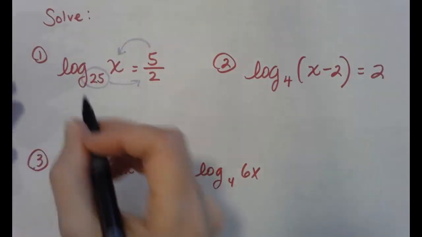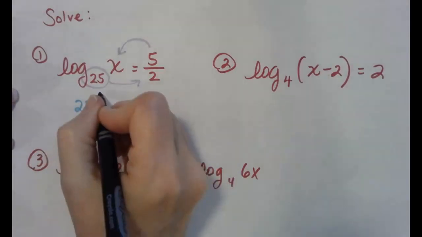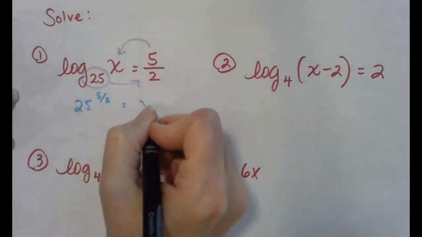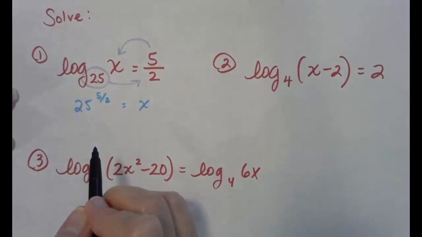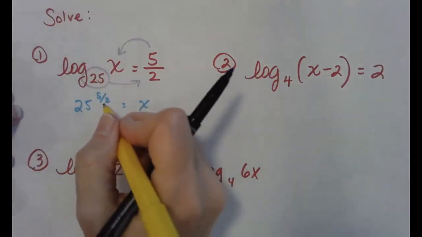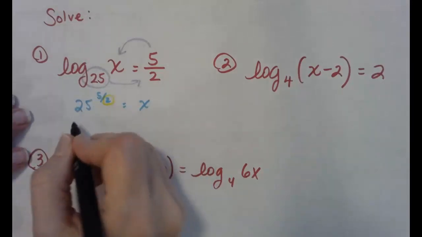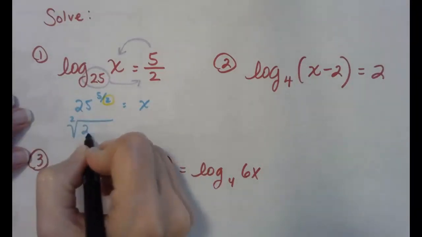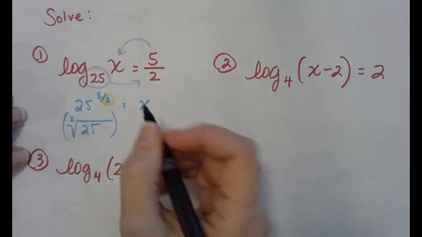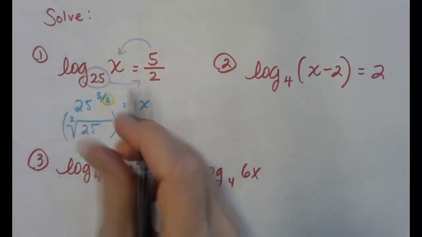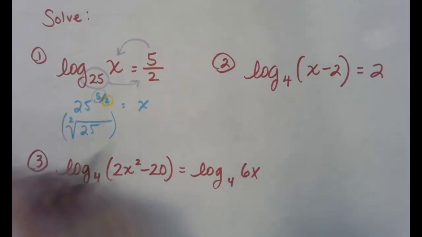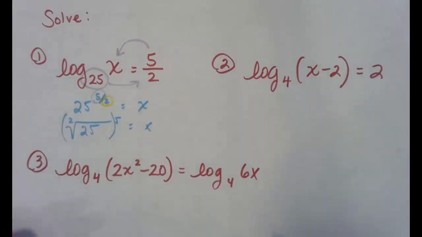So now we end up with 25 to the 5/2 equals x. 25 to the 5/2 means the same thing as a fractional exponent. That denominator is going to be the index of our radical. So we end up with the square root of 25 raised to the 5th power. That's what x is equal to.